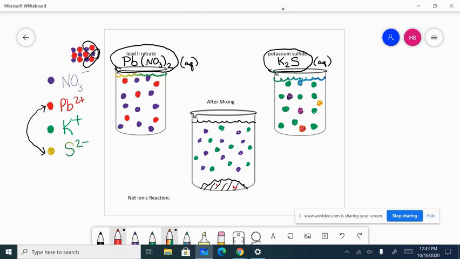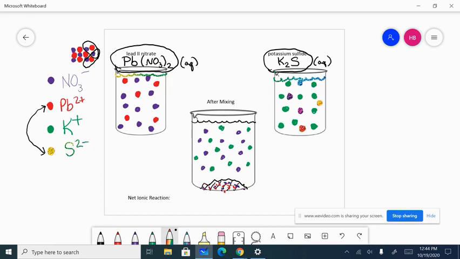So all of my lead and all of my sulfur are going to be down at the bottom, chemically combined with each other as a solid. Solids that form precipitates, this is called a precipitate reaction, are not considered part of the solution. So in the solution, all we have now is potassium nitrate, as long as we've added them in the right stoichiometric ratio.